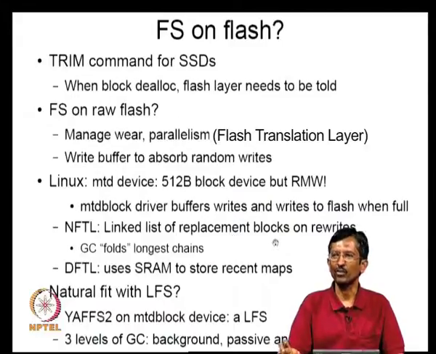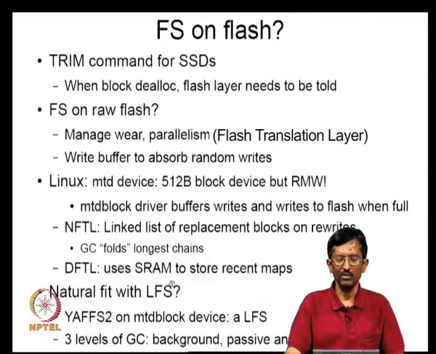So you have a primary block, which is the original value, and its updates, and some kind of chain is kept. Once the chain goes beyond a certain size, garbage collection comes in and cleans out all those things again. So something simple like that has been done in FTL.